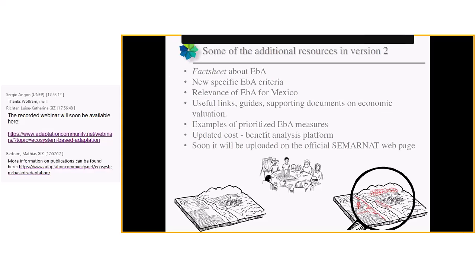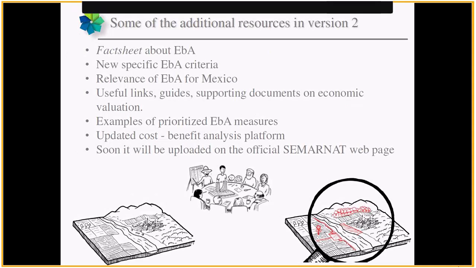It's very important. It also says about the relevance of EBA specifically for the country of Mexico. It has useful links and resources like guides, supporting documents, videos, economic valuation, PowerPoints. It also has Excel sheets where you can organize all the workshops, all your lists of stakeholders invited, and you can also systematize all the information that is needed.